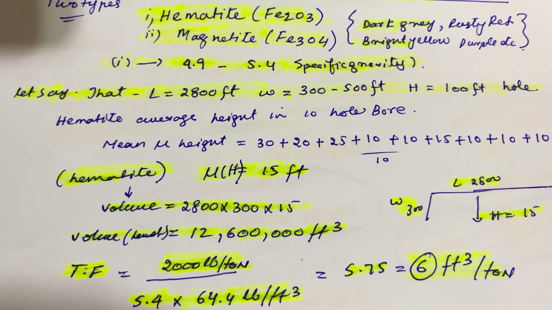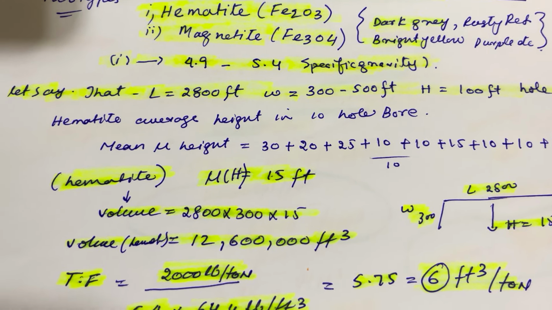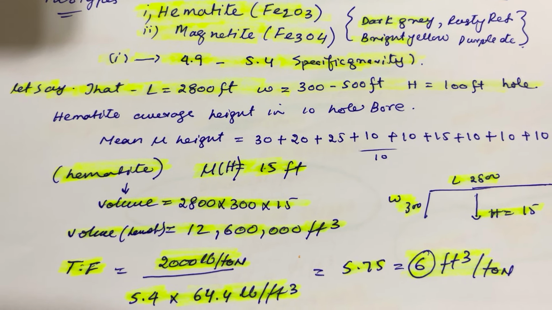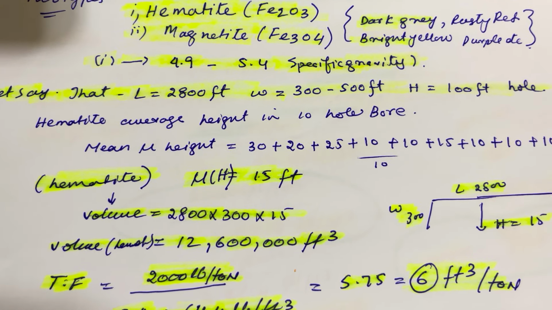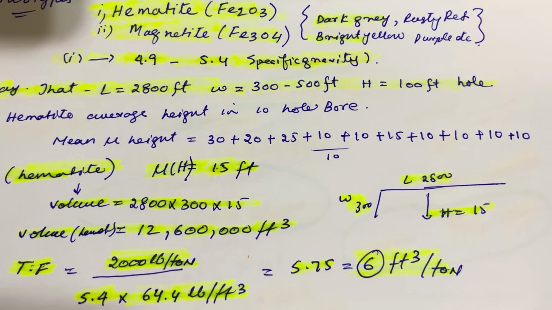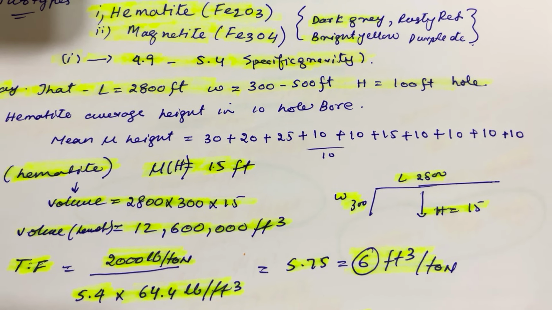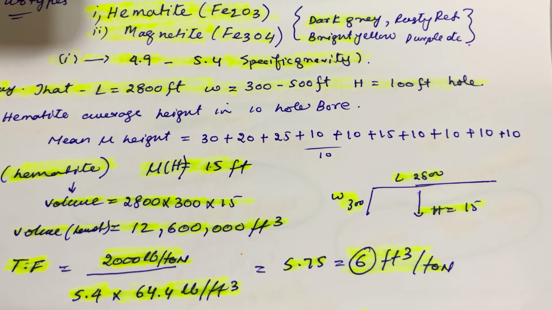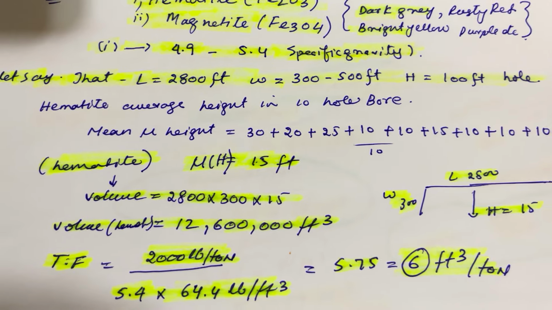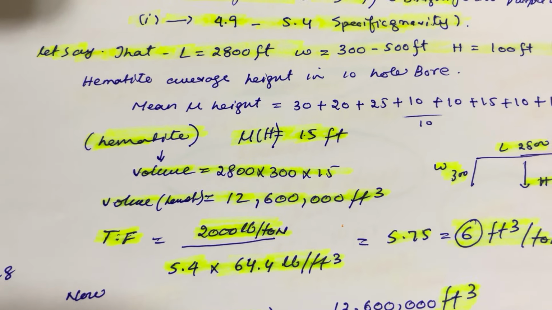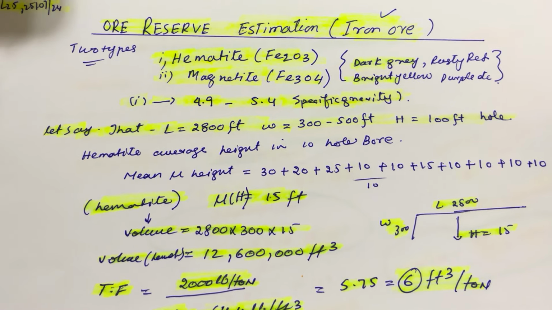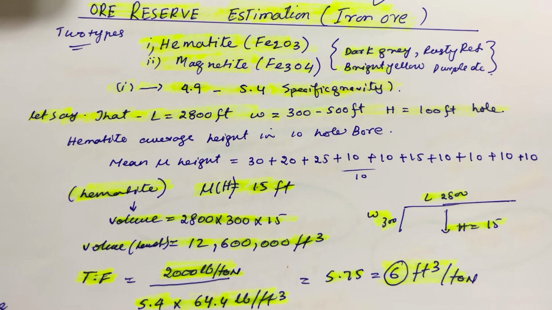So the hematite average height in the borehole: I took the mean of the 10 holes, 30, 20, 25, 10, 10, 15, 10, 10, 10, 10 feet, divided by 10. So I got the average of 15 feet. Usually in calculation we take the average.